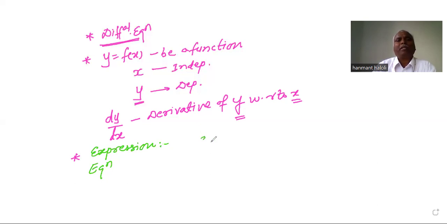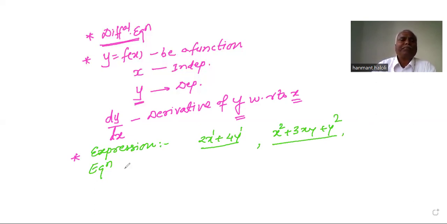Suppose 2x plus 4y is one expression. Or x square plus 3xy plus y square, which contains two variables with second degree and first degree relations between them. These are all called expressions.